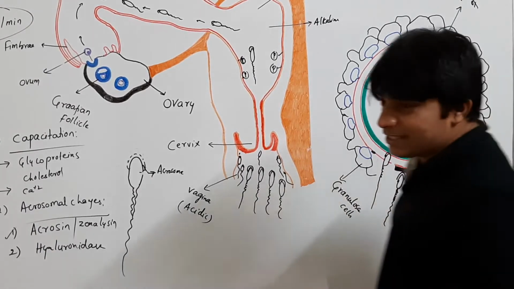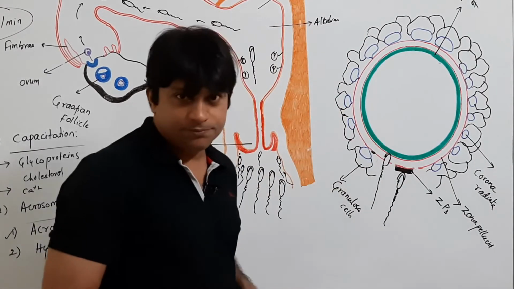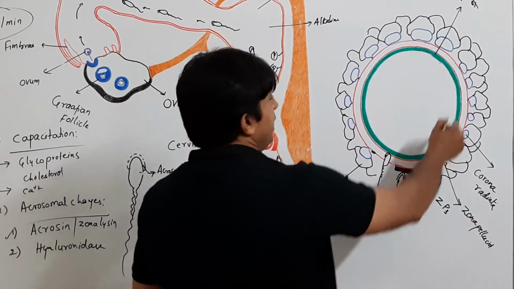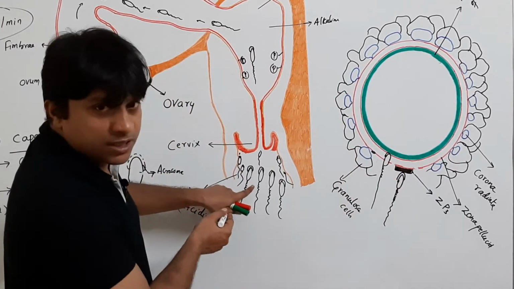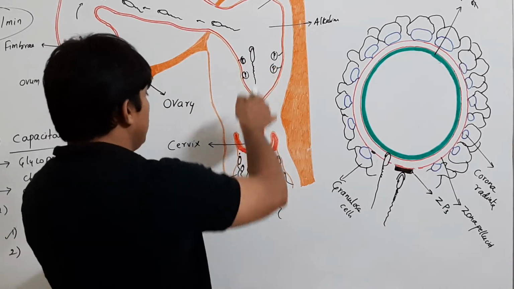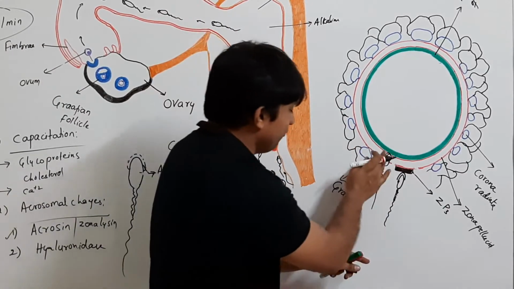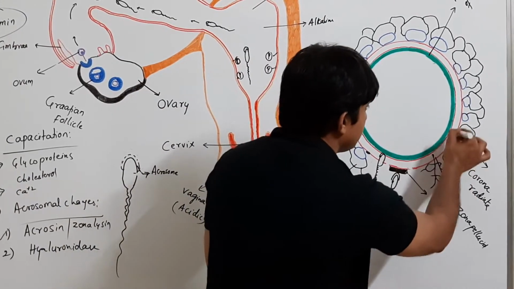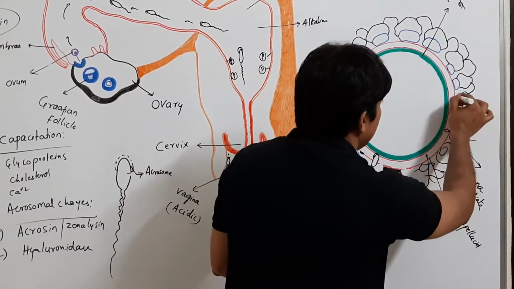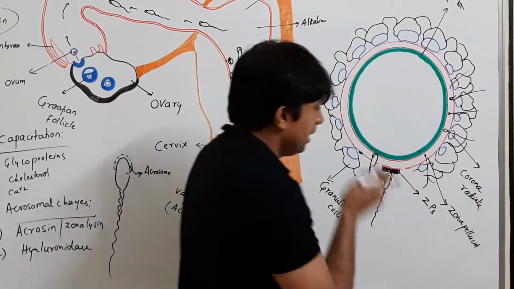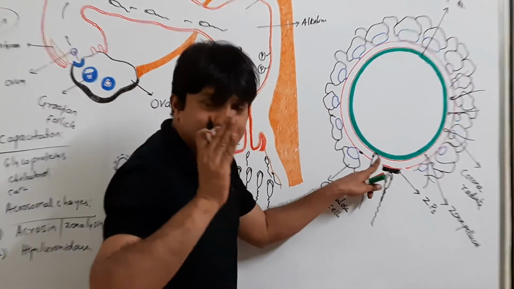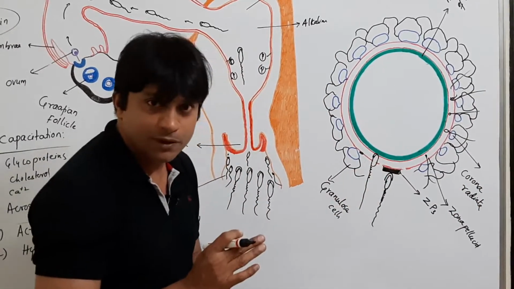Imagine millions of sperms are produced, and out of those, only a few hundred reach here. Everywhere there are many sperms. This is the first sperm that touches the membrane of the ovum.